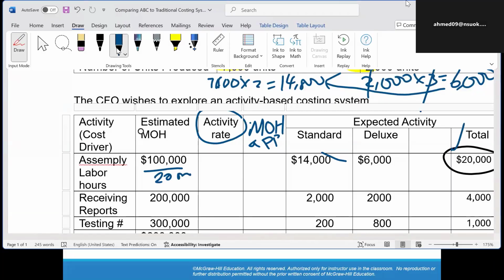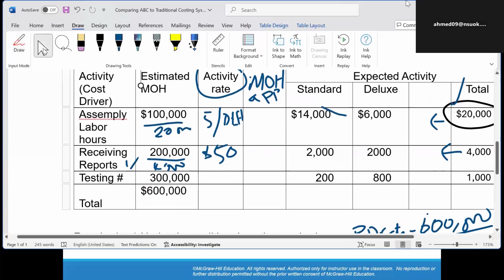And the last one here will be 5 per PLH. Then 200,000 divided by 4,000 gives me $50 per receiving report.